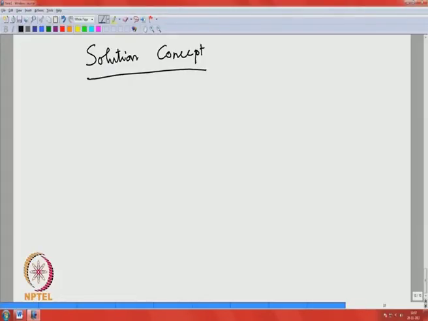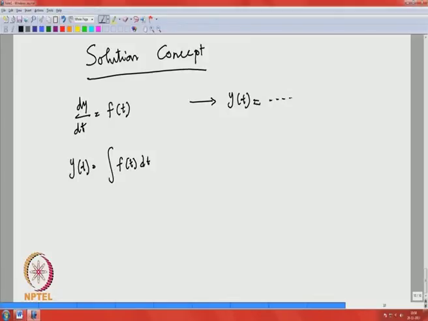But as you see, even for the integral calculus problem, dy by dt equal to f of t, you already know that there are certain f of t for which you may get a representation y of t as the integral of f of t dt, but integrating the functions in closed form may not be possible. If you can get a solution y of t, if you can write y of t equal to something, this is called an explicit solution. You can write an explicit solution.